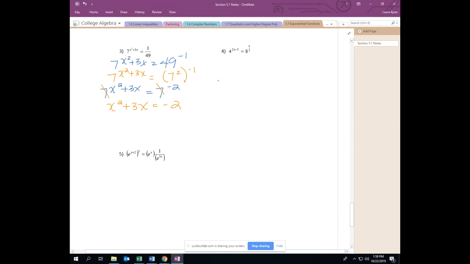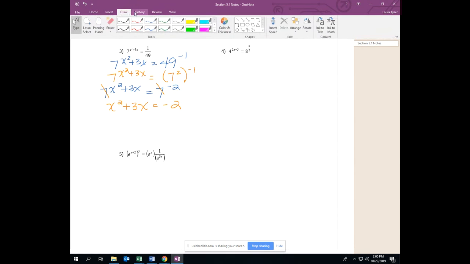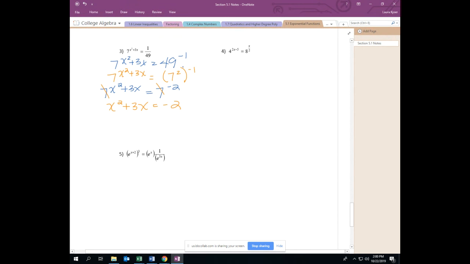Now this one's a little bit different because it ends up with a quadratic equation. And when you have a quadratic equation, you typically are going to end up getting two solutions. So we might want to check our answers this time just to make sure they both make sense because sometimes it's not going to.